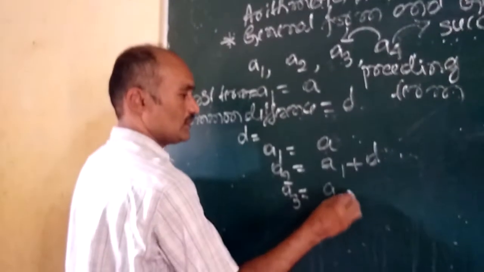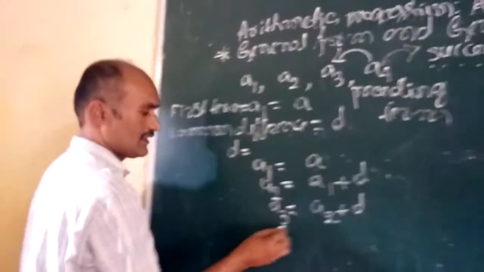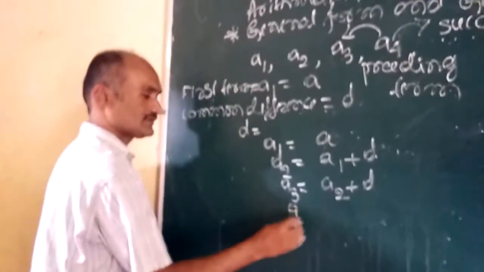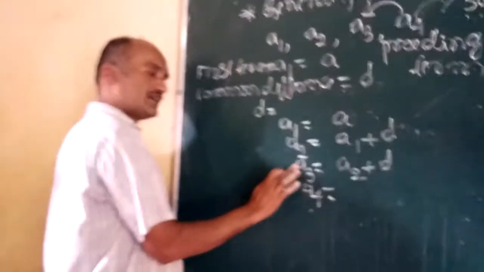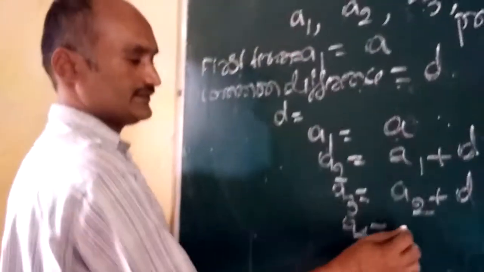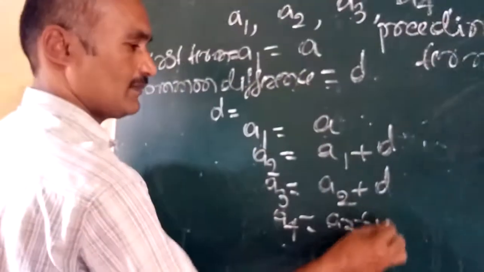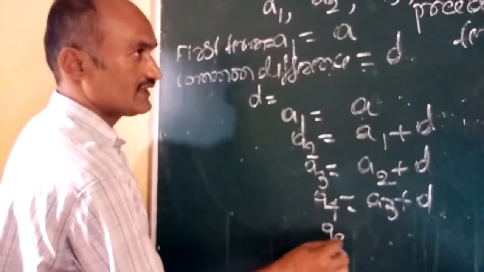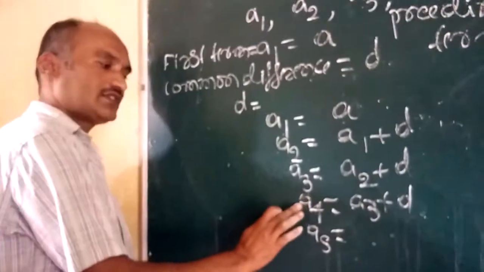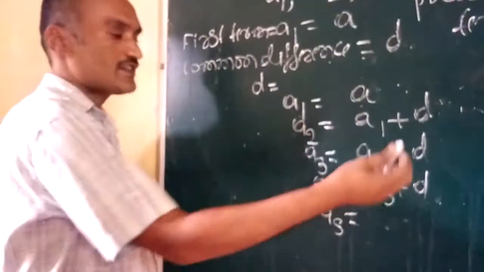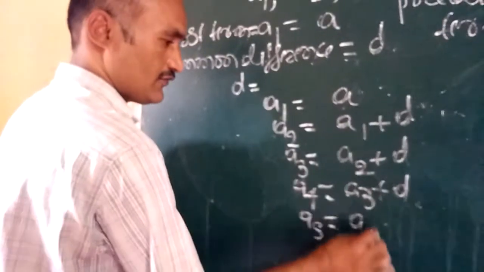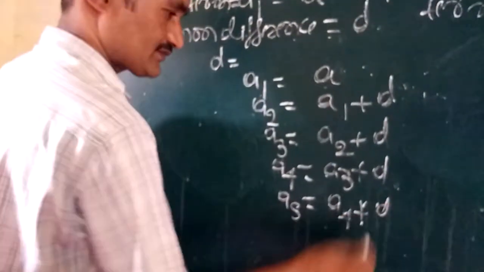That is A2 plus D. For the fourth term, to the third term, the common difference should be added: A3 plus D. For the fifth term, to the fourth term, the common difference should be added. That is A4 plus D.